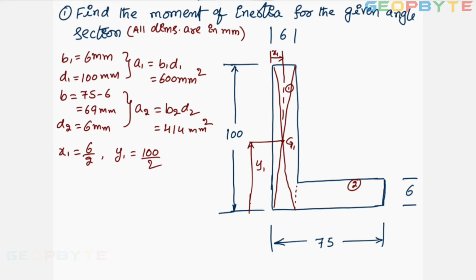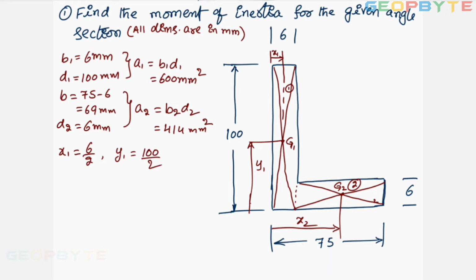Similarly, join the diagonals for section 2. Wherever the diagonals are meeting, that is the centroid G2, this is the x2 and this is the y2. Otherwise, let us mark outside.